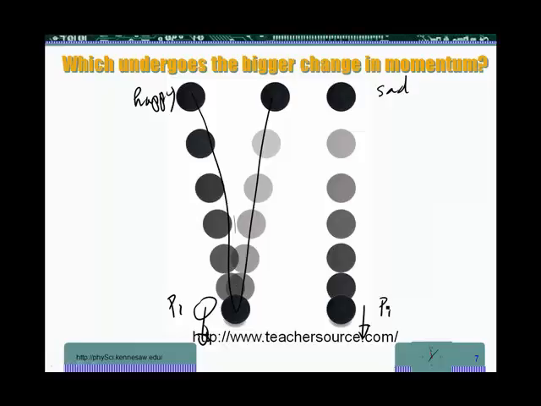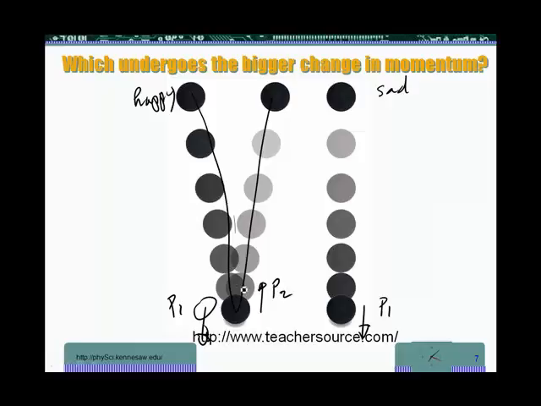Now this one is going to bounce up. If it's going to bounce up and be able to go to the same height, that would mean that it should have the same velocity upwards, and since it has the same mass, that means it's going to have the same momentum in the upward direction. However, it's opposite in direction.